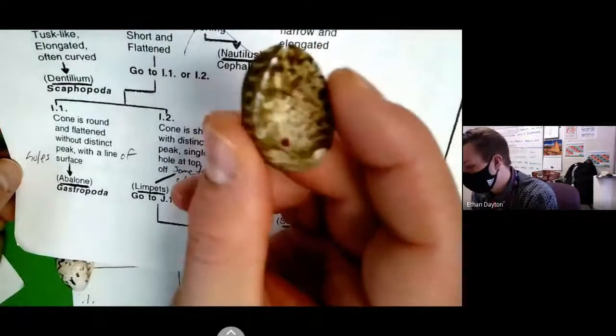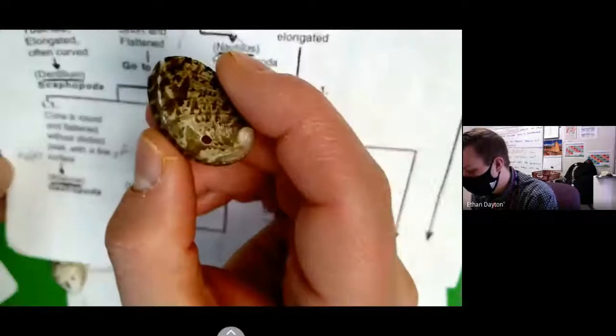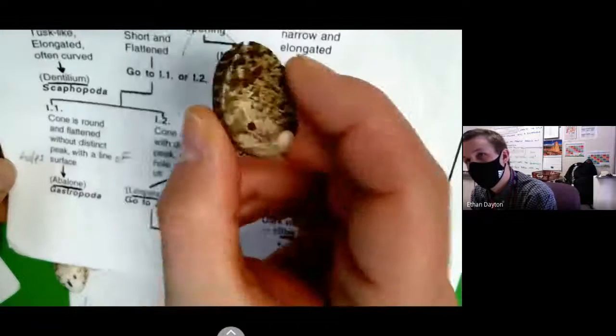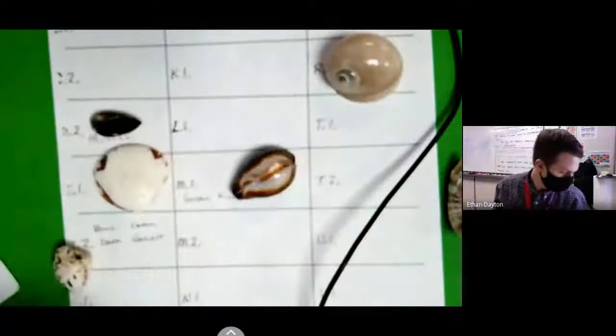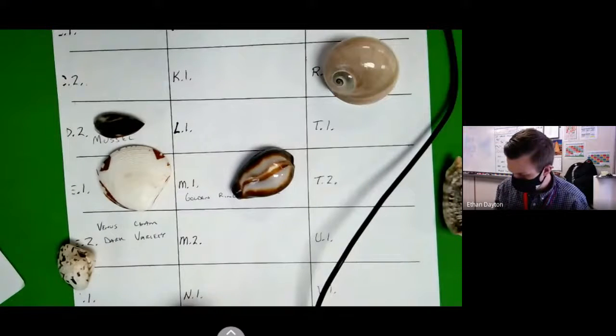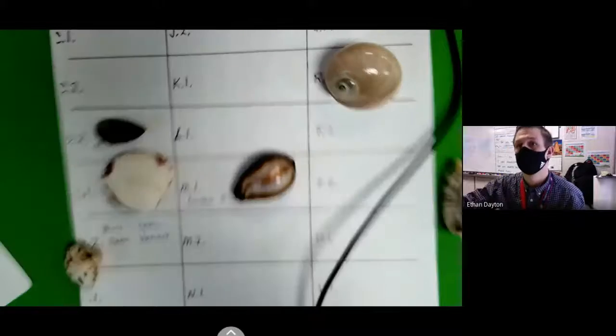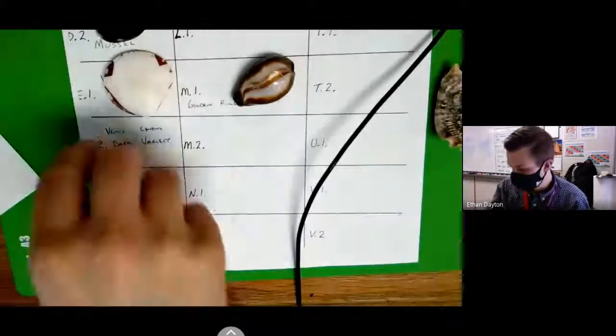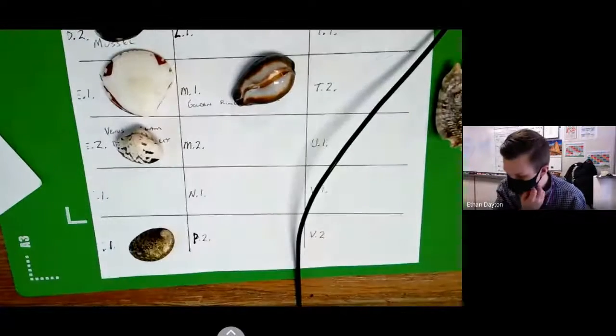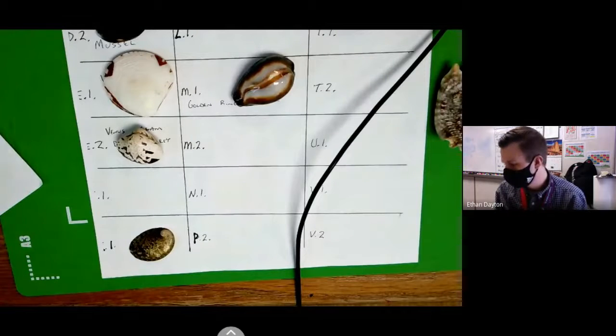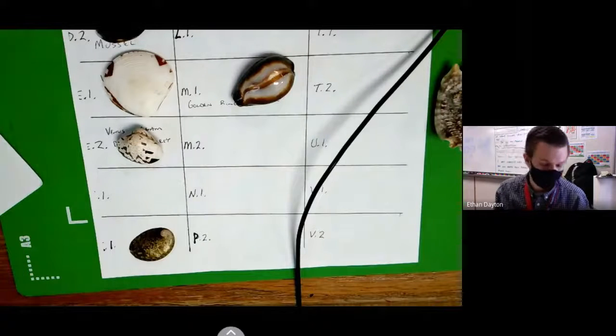Yes. This is an abalone. Okay, that fits in I1, which is down here. I know it's hard to see. Sorry about that. Just shows you that I don't have it all figured out.